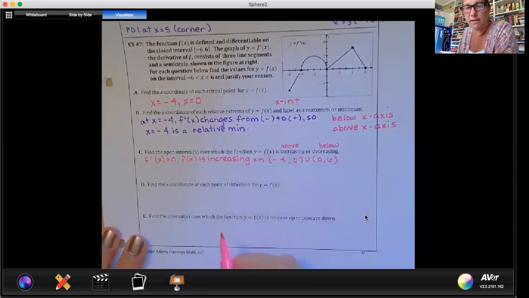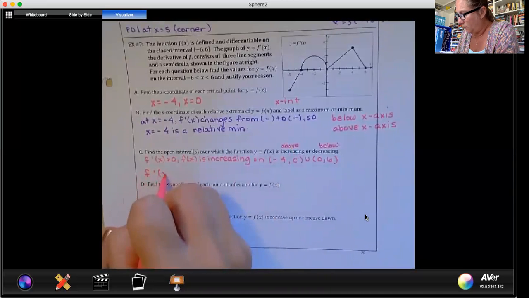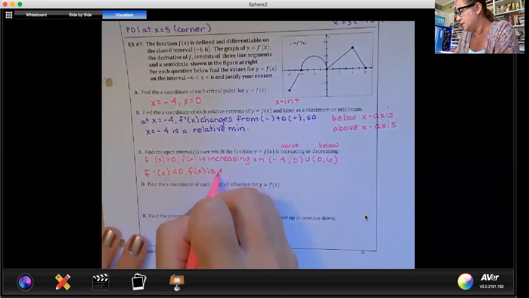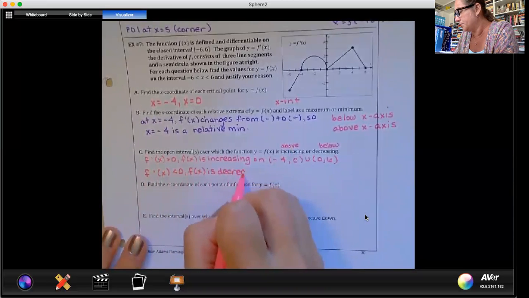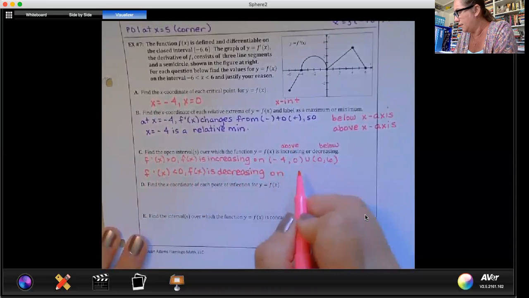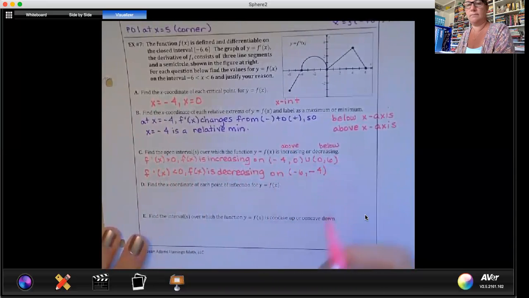Increasing is above the x-axis. F prime of x is less than 0 means f of x is decreasing. And it is decreasing from -6 to -4. It is below the x-axis.